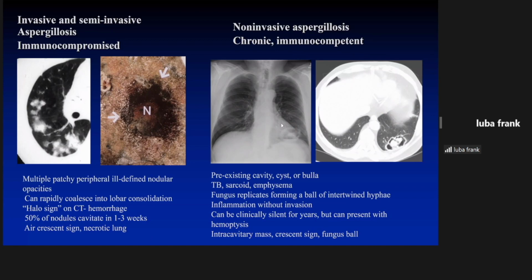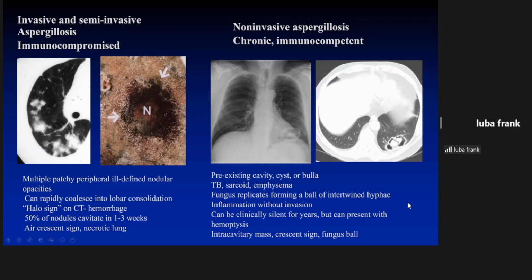So talking about non-invasive Aspergillosis, here's an example of a thick-walled irregular cavity in the left lower lobe on the chest radiograph, and then the left lower lobe here posteriorly, abutting the posterior pleura on the CT image right here. It has this fungus ball within it as well, and most likely this represents Aspergillosis.